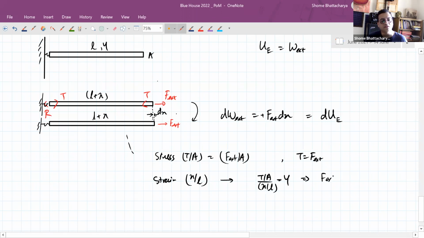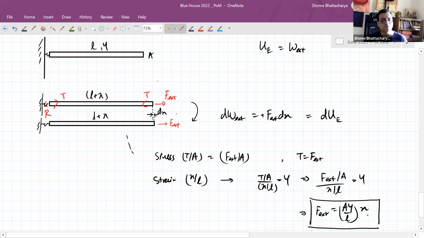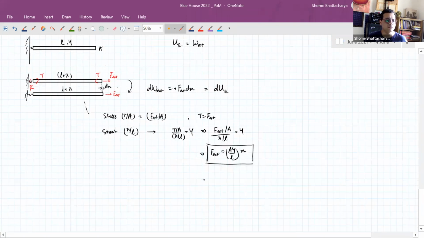So F external divided by A upon X by L should be equal to Young's modulus. So F external at this point of time, when the extension is X, will be equal to this value. Okay. So to keep it stretched by a distance X, how much force are we applying? AY by L into X. So now to further extend it by dx, how much work is that force doing?